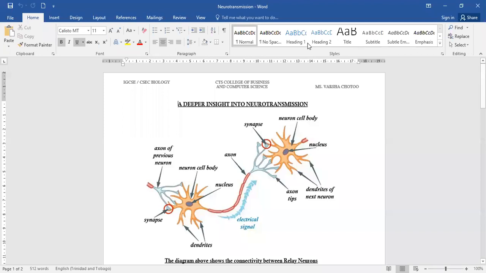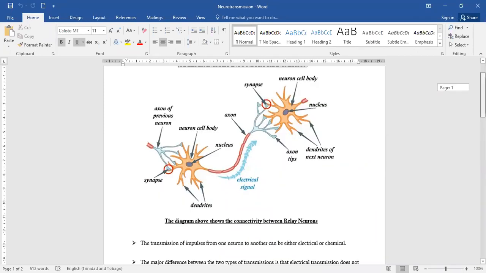Right. So this document I created is just for neurotransmission. It shows where the synapse is, so you can see the axon terminals right here, the synapse, the neuron of the other cell body, and then the electrical signal being transported until it reaches across to the next synapse again.